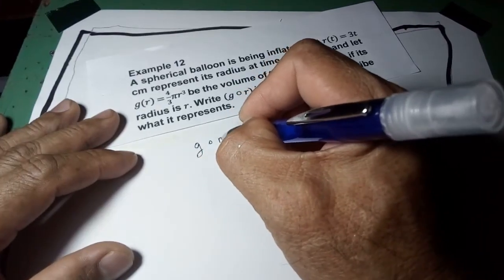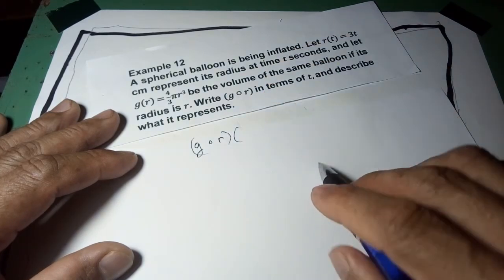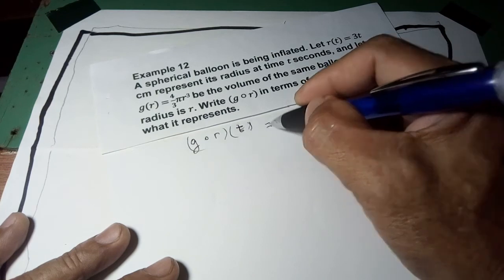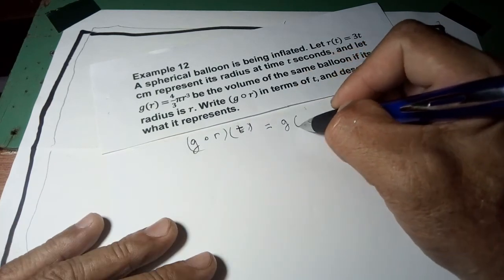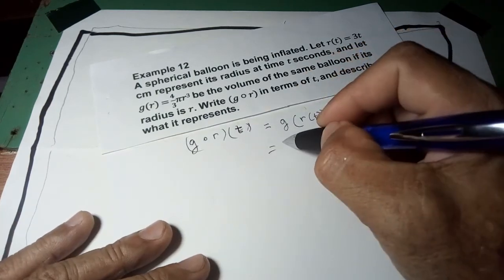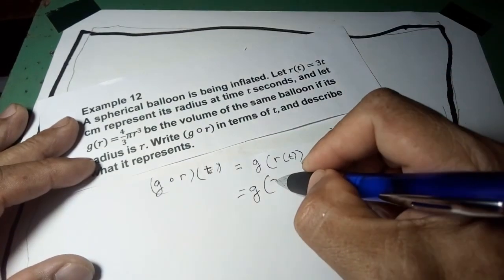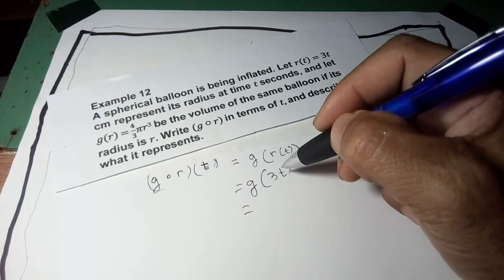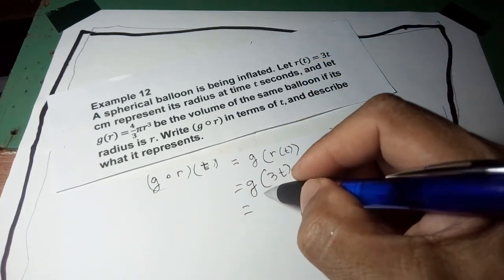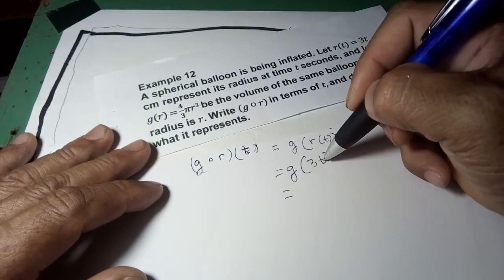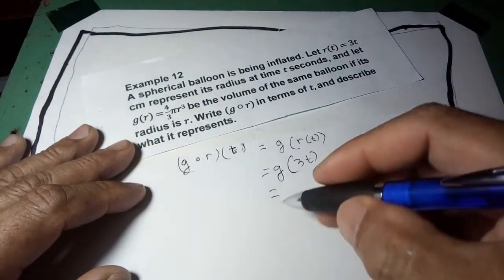Write g circle r in terms of t. g circle r of t is equal to g of r of t. r of t is 3t, so this is g of 3t. Replace r with 3t.